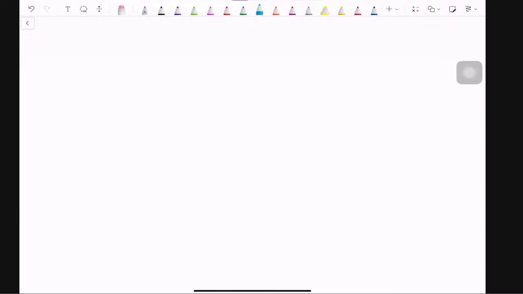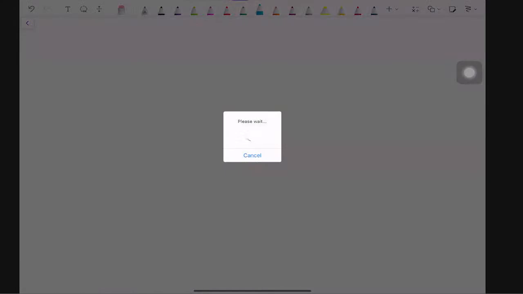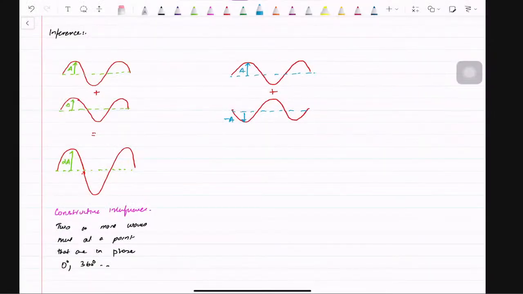Now, when they combine, what you expect is that these two are going to cancel out each other, because A minus A will be 0, so there will be no amplitude. This kind of interference is called destructive interference.